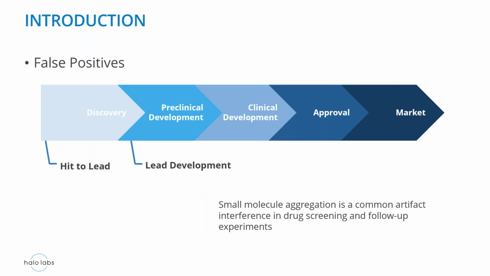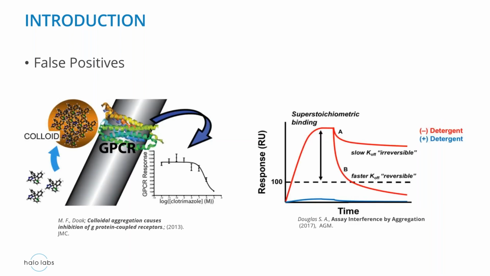The false positives affect the early drug discovery processes, in the discovery and the preclinical development, and these are a common artifact. Aggregates produce artifacts that take over a lot of the resources and time from the researchers. I have two examples here.